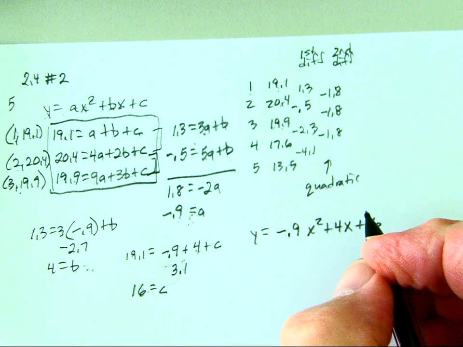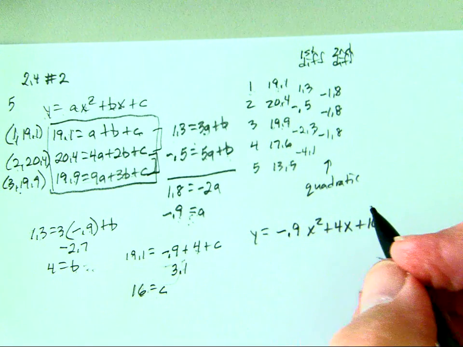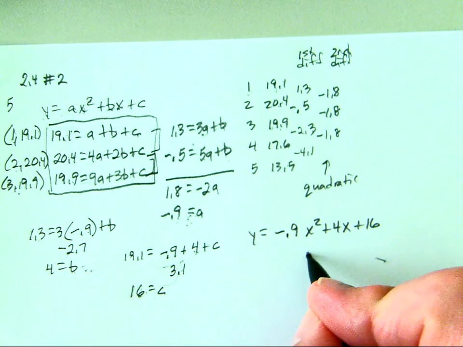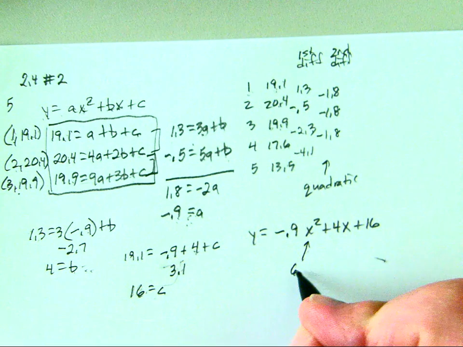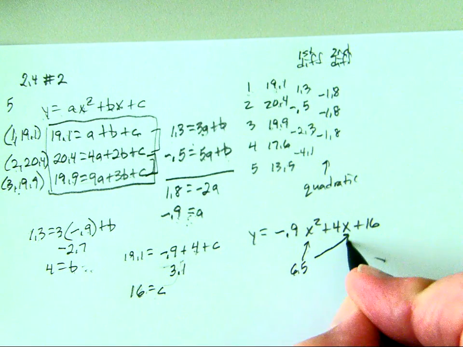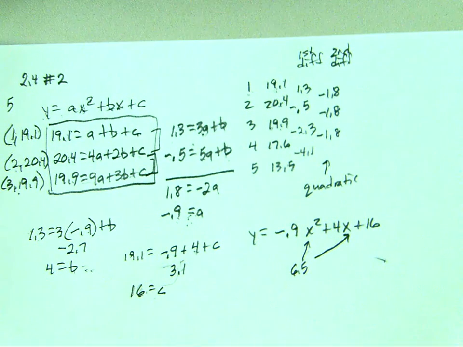It asks you to write a function to approximate the height after 6.5 seconds. What you would do then is plug 6.5 in for the 2 x's there and find out your answer.